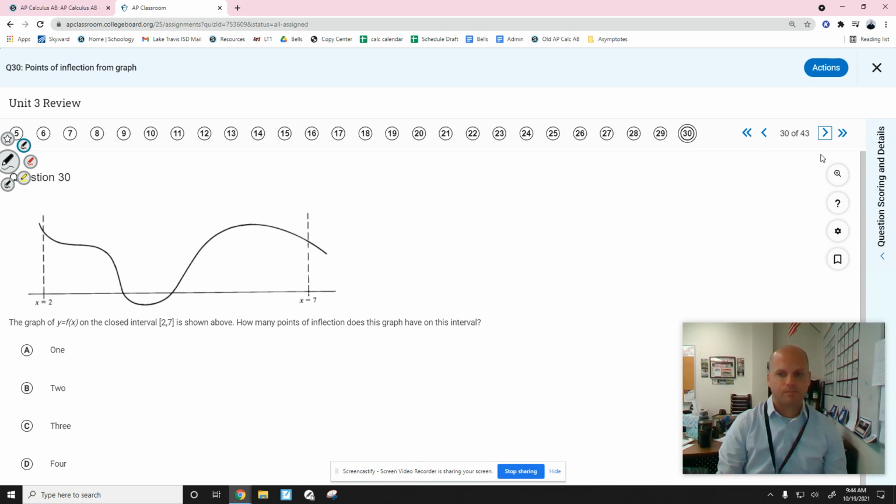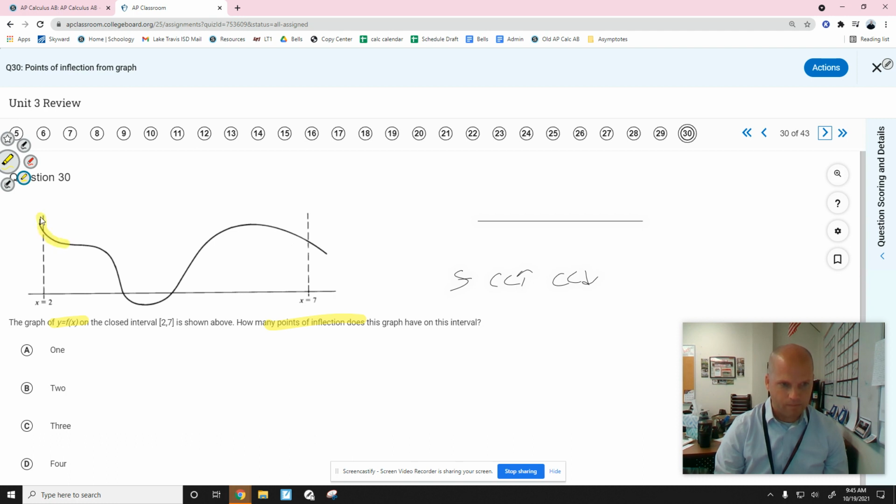What do I have? What am I asked for? Points of inflection. That's F. Wait, so I have to look at slopes. That's just F. When does F's concavity change? You just have to look at the graph.